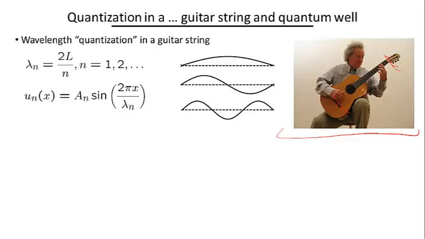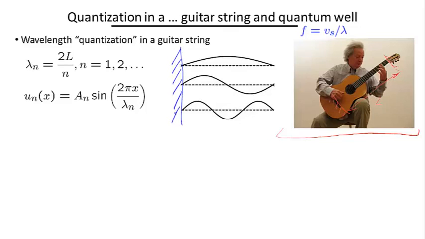The available wavelengths depend on the distance between these points, between these hard walls, let's call it L, and the corresponding frequencies are related to the available wavelengths via the speed of sound. Let us now think about what is the longest possible wavelength that we can induce in a finite string. So these are basically our hard walls again.